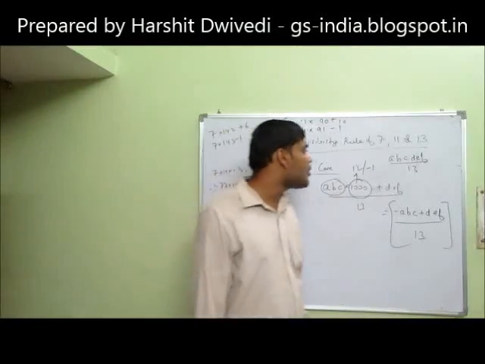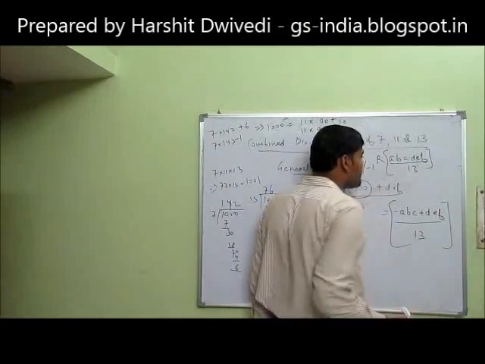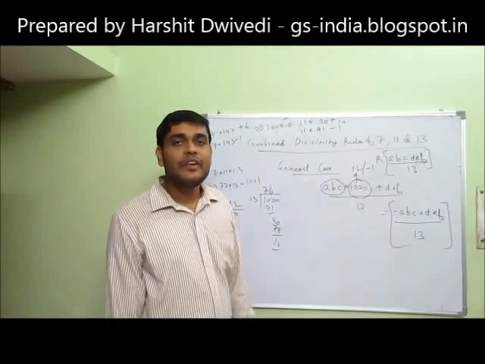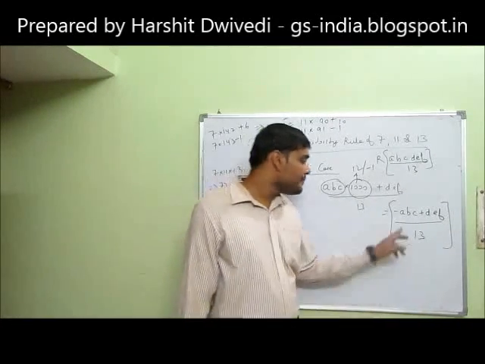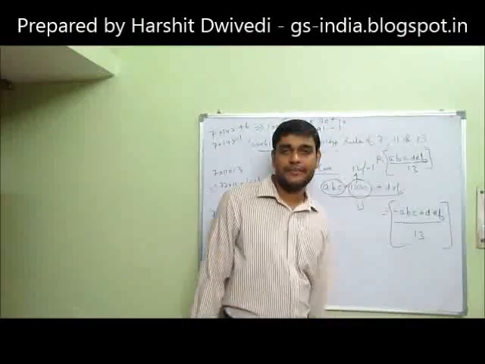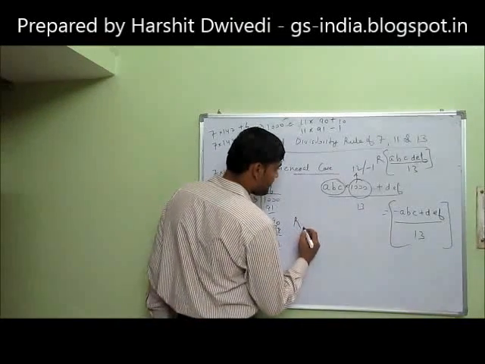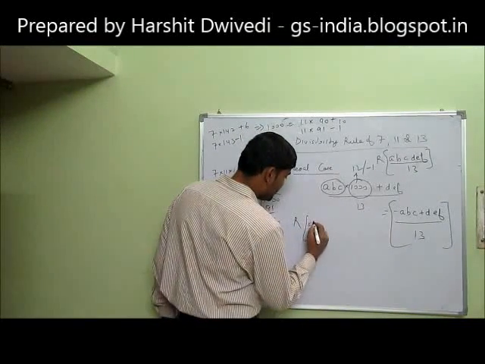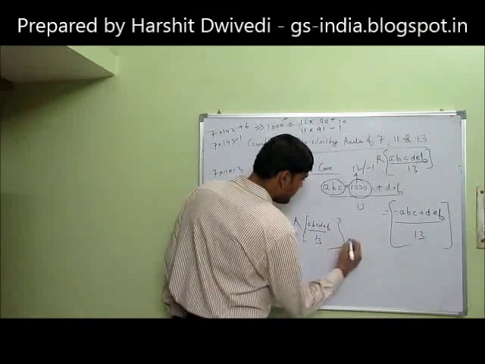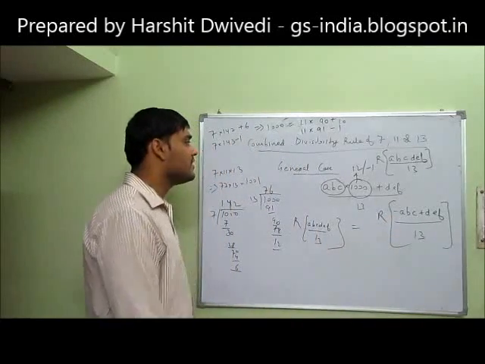And if I have to find the remainder when this 6-digit number ABCDEF is divided by 13, that remainder will be equivalent to the remainder found by dividing minus of ABC plus DEF by 13. That is, the remainder of ABCDEF by 13 will be equal to the remainder of minus ABC plus DEF by 13.